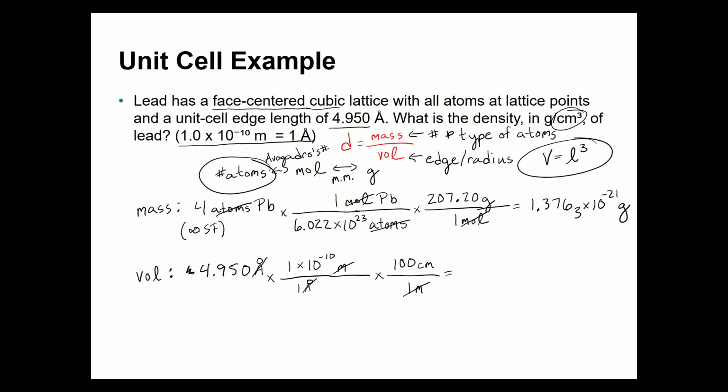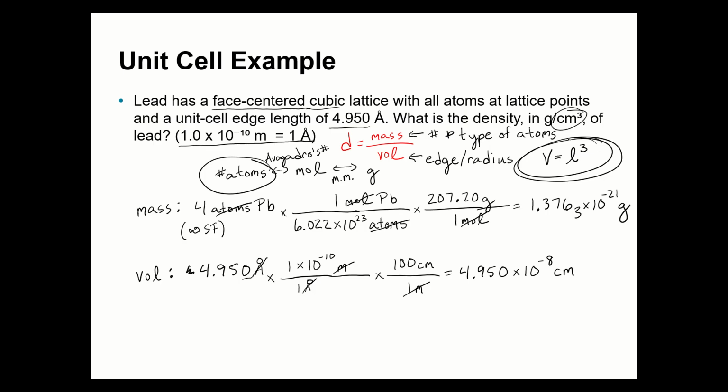All right, so we are just getting that edge length in centimeters, and that comes out to be 4.950. We're keeping that 0 because it is significant, and we want to remind ourselves of that, times 10 to the negative 8th centimeters.